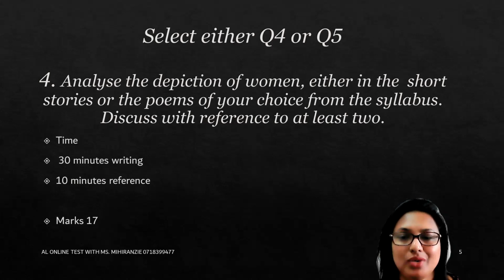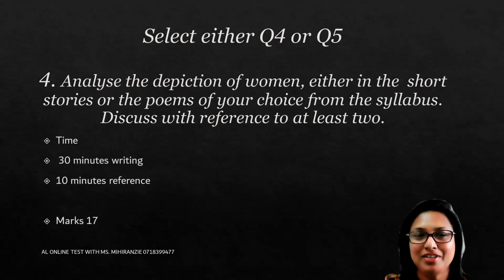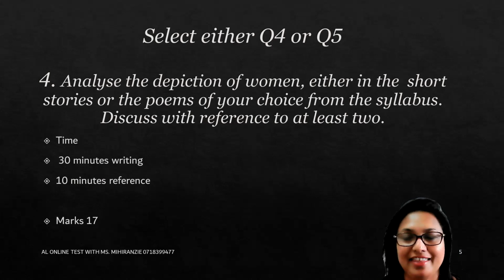You get 30 minutes writing time and 10 minutes reference time, which is a feature that you're not going to get for your exam. But since this is a mock, since we are practicing, I'm giving you 10 minutes. So do your research for 10 minutes and then set the timer for 30 minutes and do your writing. Okay, marks as usual out of 17. So all the best again there.